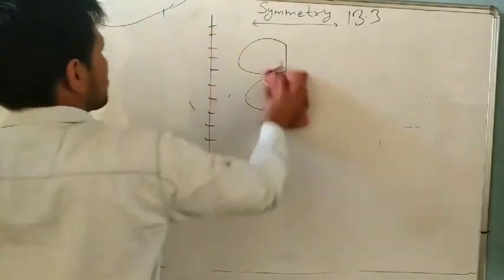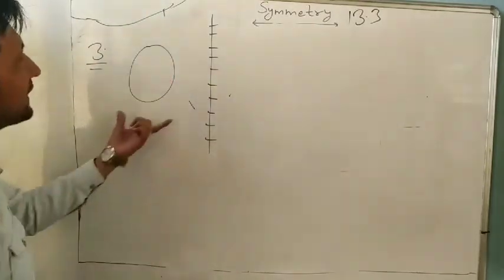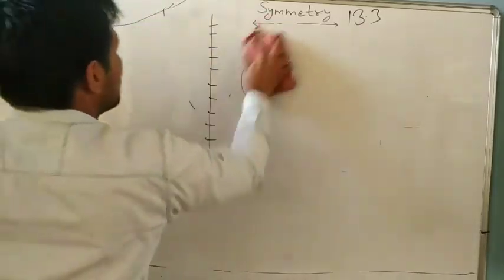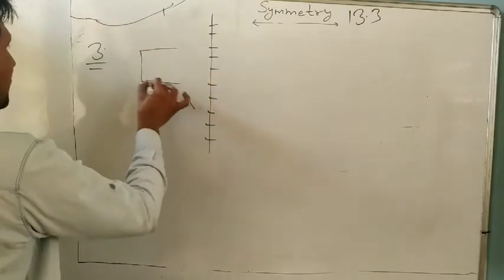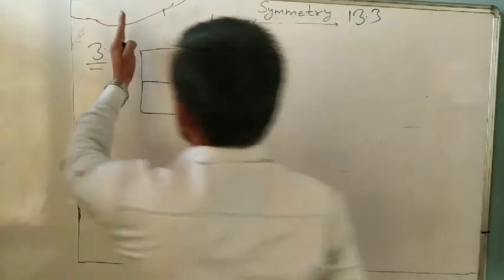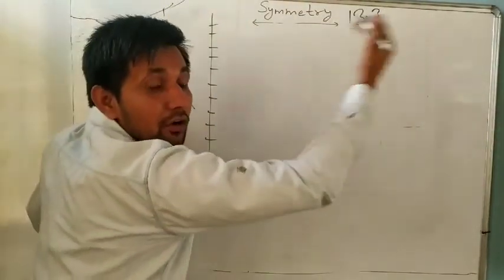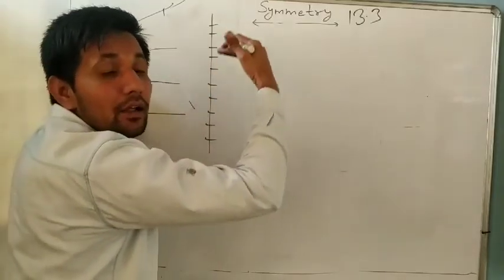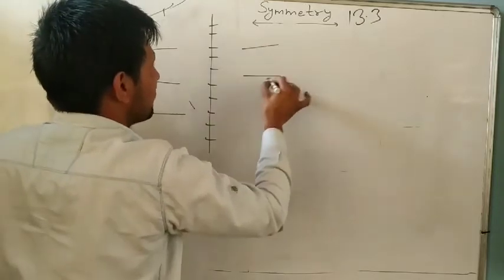Which one? We observe that it is a circle, so it becomes the same. Next, E. We observe that this E is open on the right side, so it means the open side becomes left.